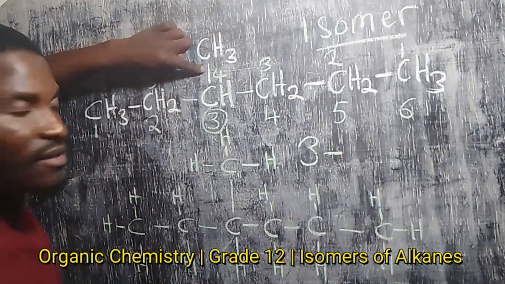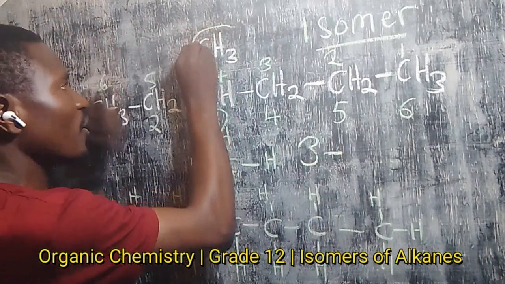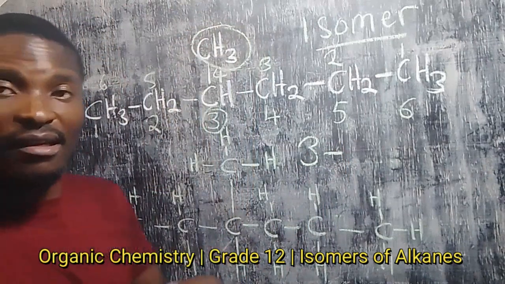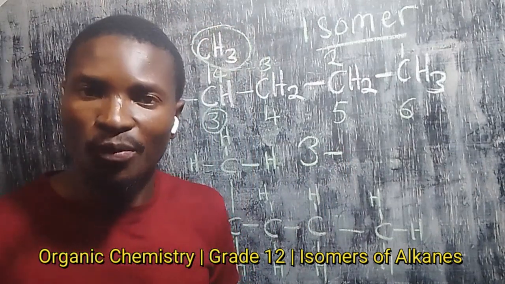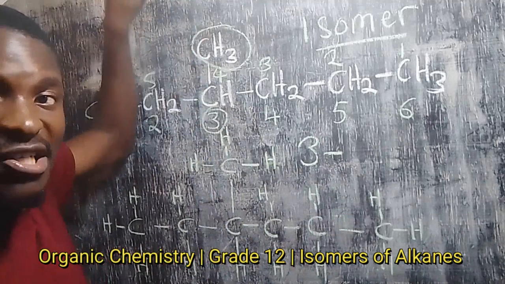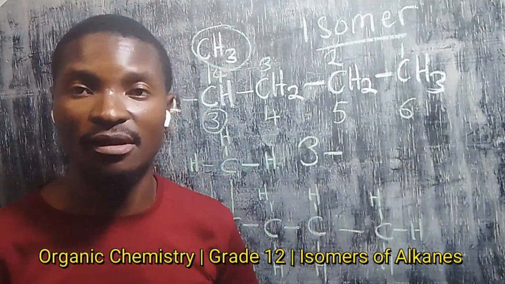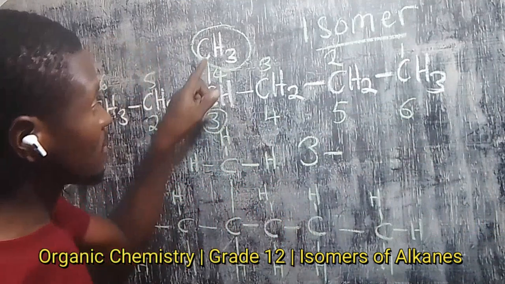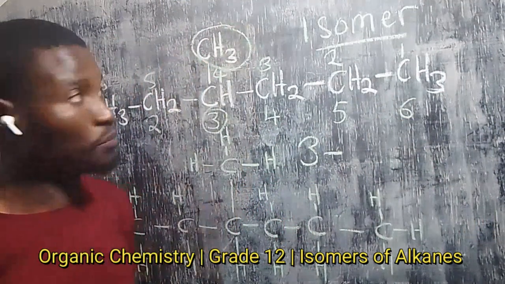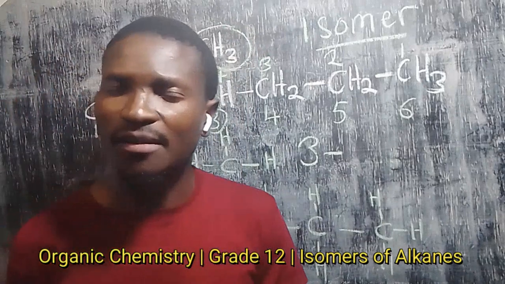Now, you look at the group that has branched off from the main root or the parent hydrocarbon. This is the methyl group. Why are we calling it the methyl group?